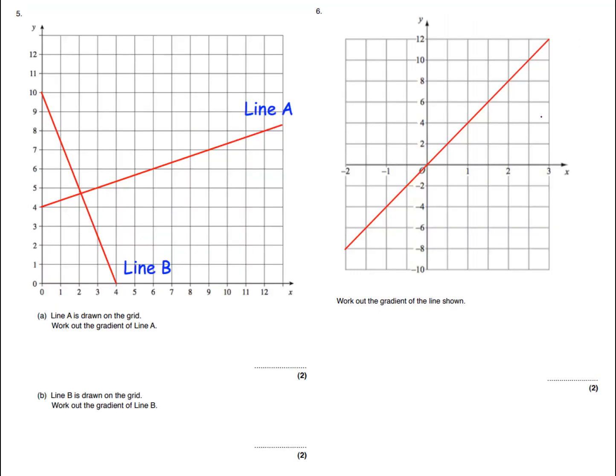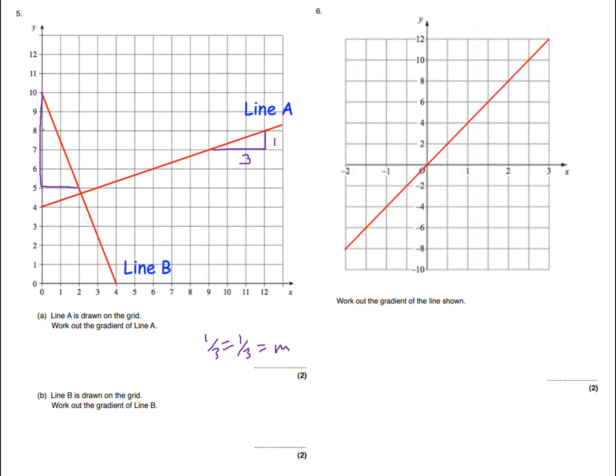Another 2 exam questions to try yourself. Pause the video, have a go. So you're working out. Line B. It's a bit more difficult to find a perfect triangle here.